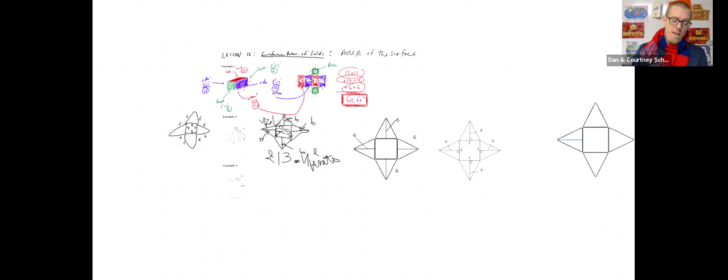But the slant height ends up being, in our little diagram, the perpendicular height to the base of each of these triangles. So each triangle has an area of 1/2 base times height. And that means there's 1/2 times 5 times 6.